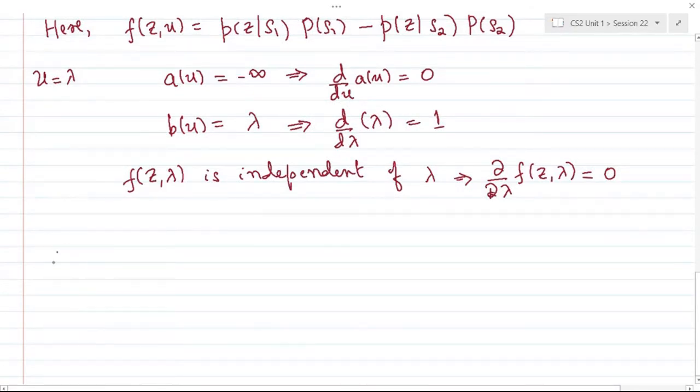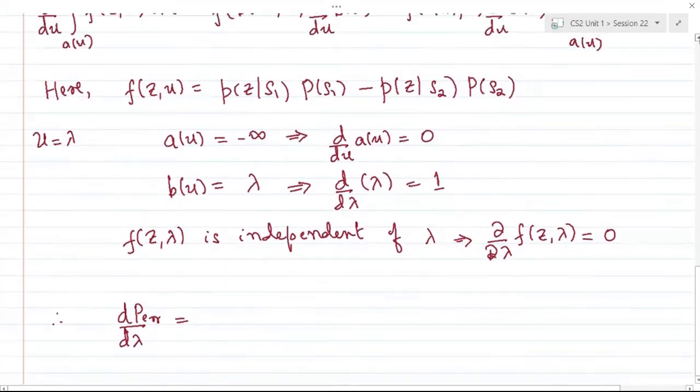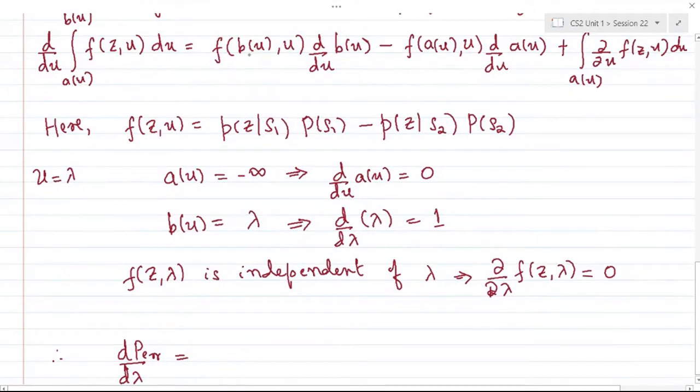Therefore, d error by d lambda can now be written as the first term: f of b of u comma u times d by du of b of u, which should be equated to 0. So what is f of b of u?